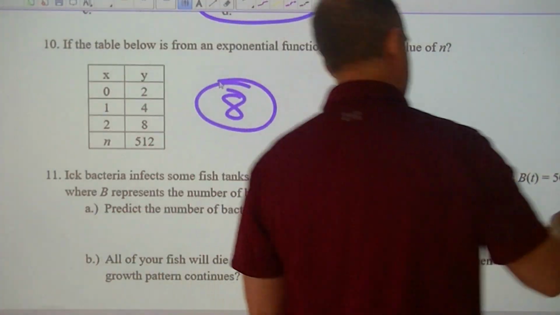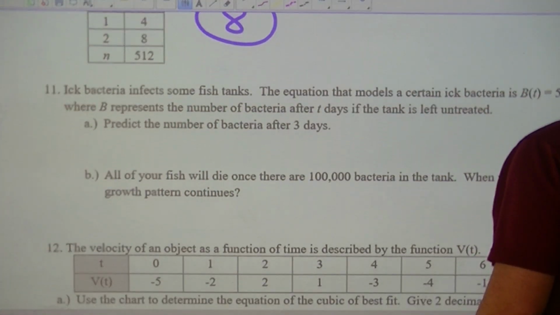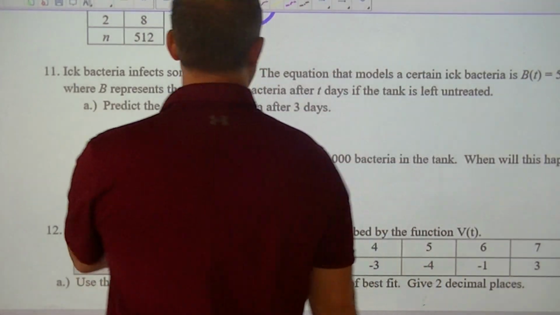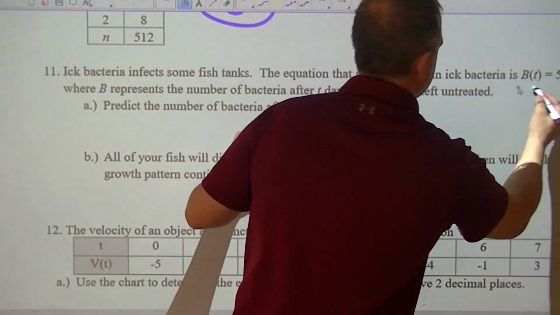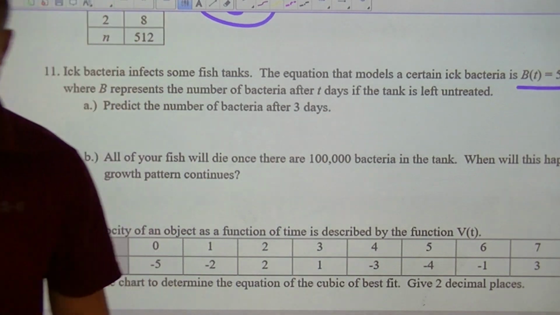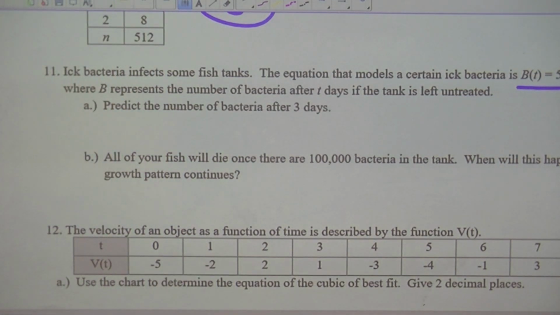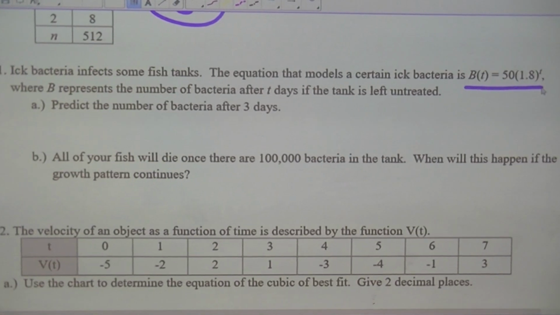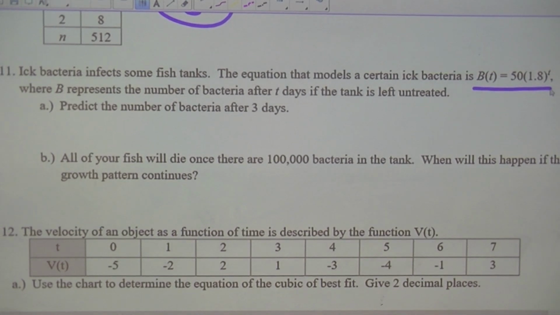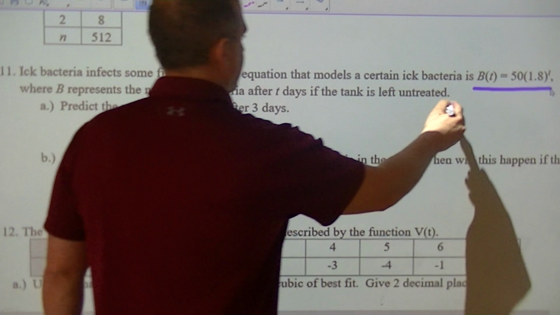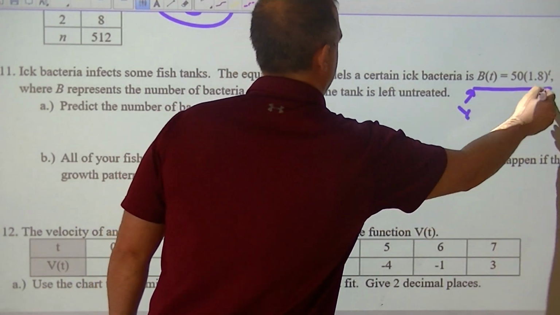Okay, moving on. All right, now what's nice here is they give me the equation. Hopefully you can see that. Nope, you cannot. That is the equation. Okay, all right, so what I'm going to do is make this y and this x.